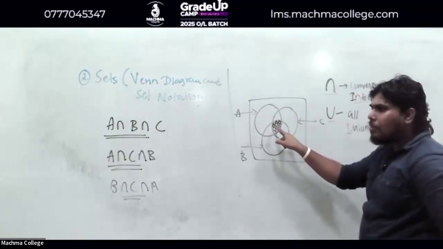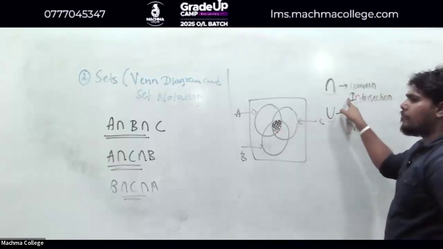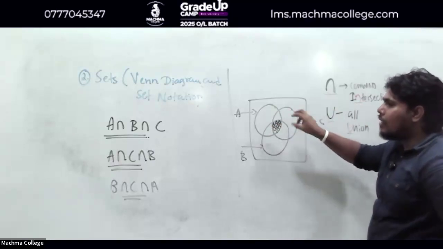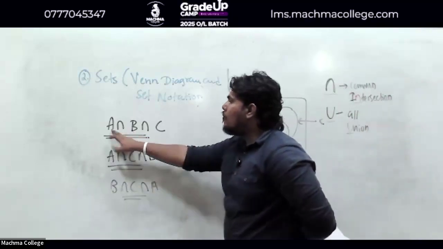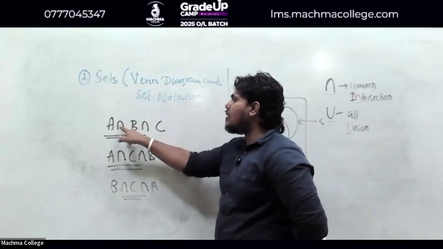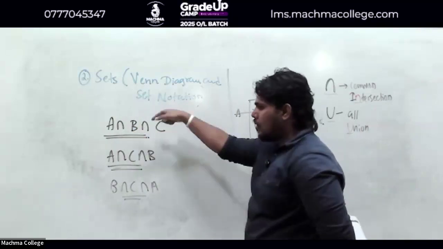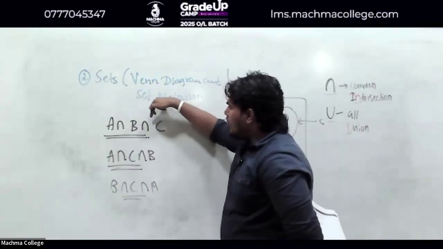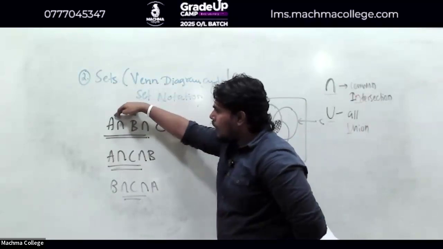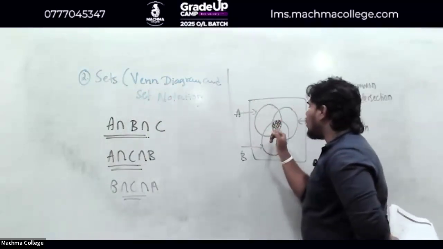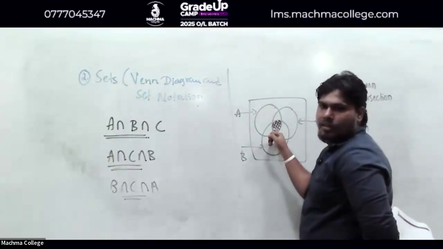No? Common means intersection. Common means intersection. So for A set, for the B set, for the C set, for all three sets, this shaded region is common. Here, A and B are common, and then B and C are common. If you write together, it says that for A, B, and C, for all three of them, this is common. That's the idea.